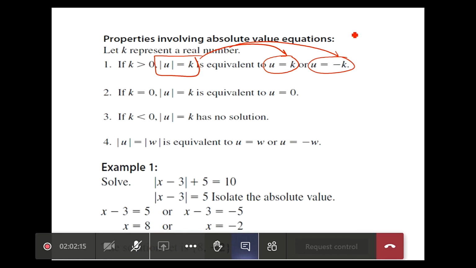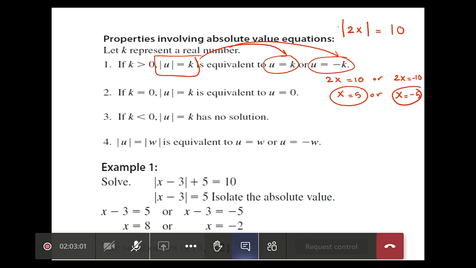For example, the absolute value of 2x equals 10. We can remove the absolute value around the 2x, but we must put 2x equals 10 or 2x equals -10. By dividing by 2, we have x equals 5 or x equals -5. So we have two solutions.